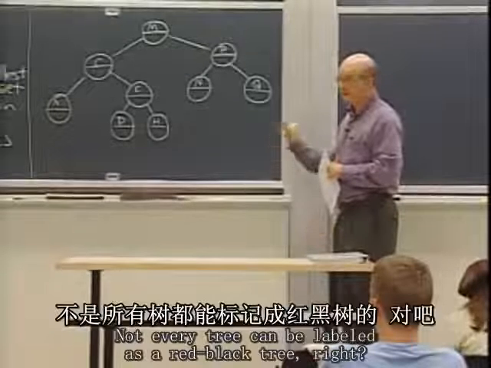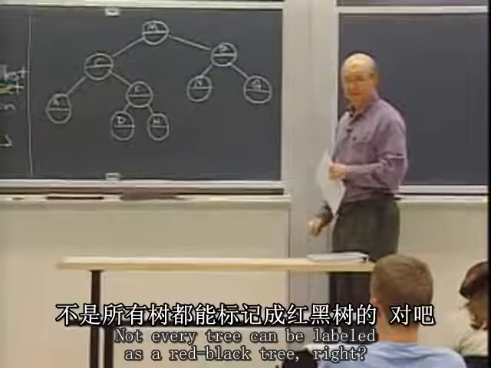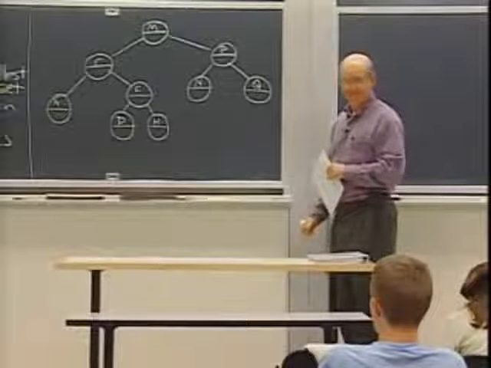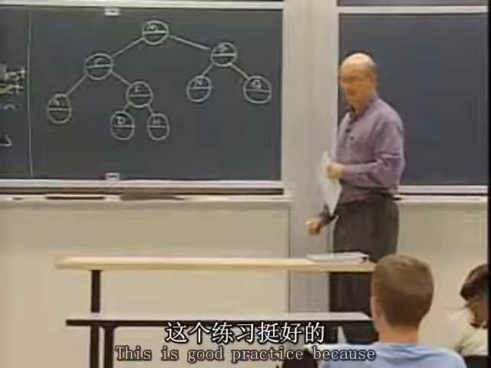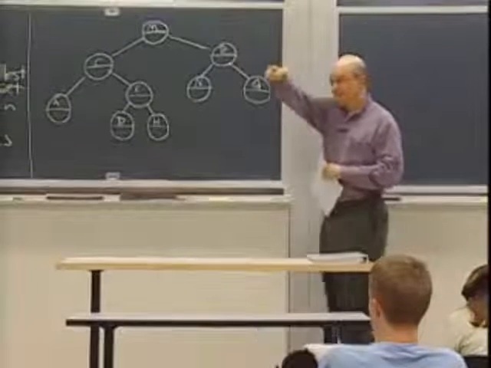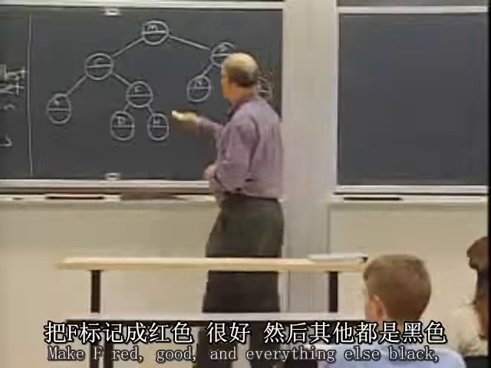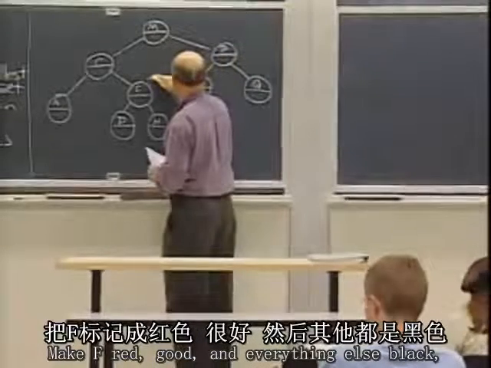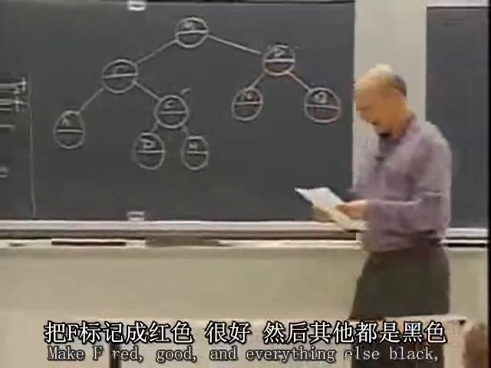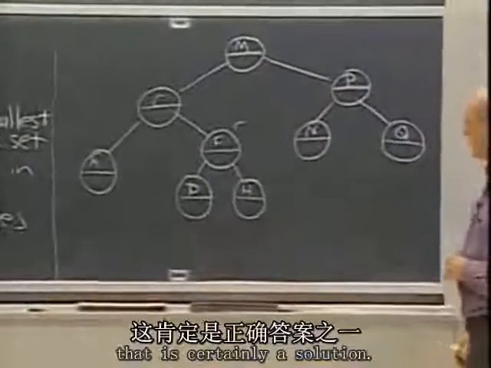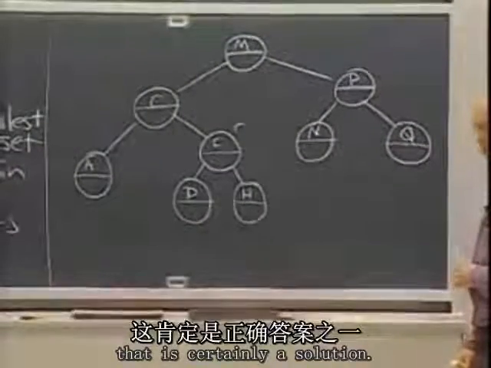Not every tree can be labeled as a red-black tree, right? This is good practice because this sort of thing shows up on quizzes. Make F red. Good. And then everything else black. That's certainly a solution.